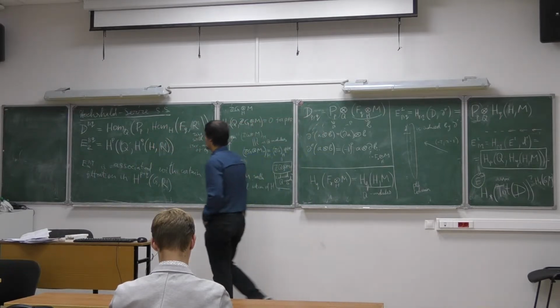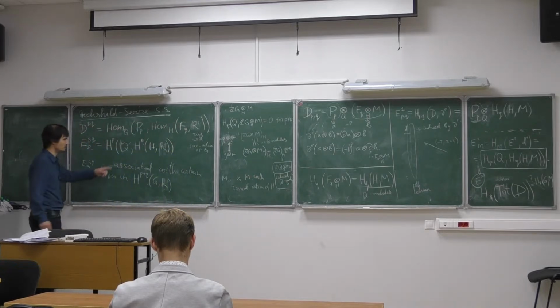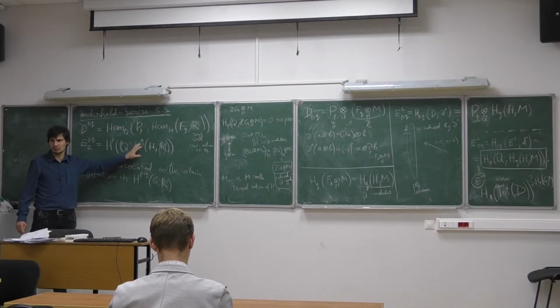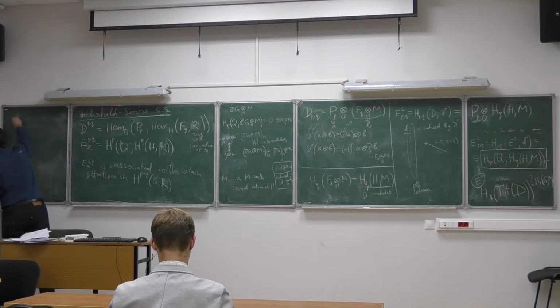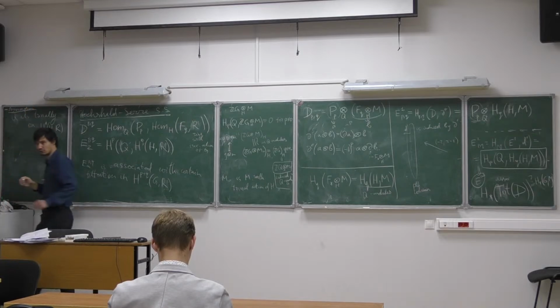And also we assume that Q acts trivially on this cohomology group. I would like to have untwisted coefficients here too. So Q acts trivially on H star of H, R. This is an assumption. There is no reason for this in general situation, but assume that it is true.